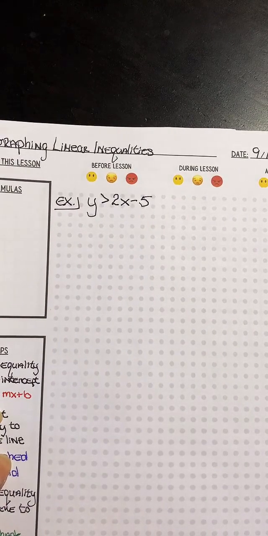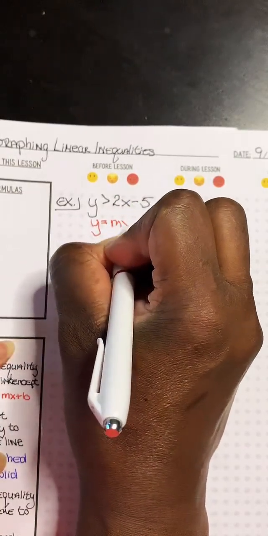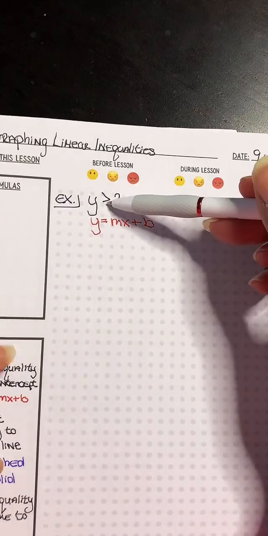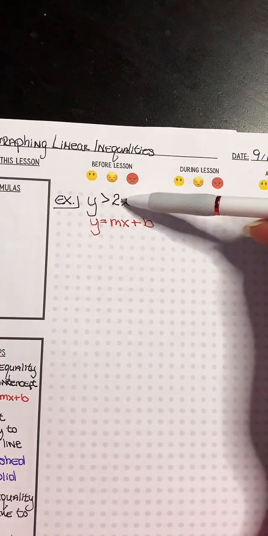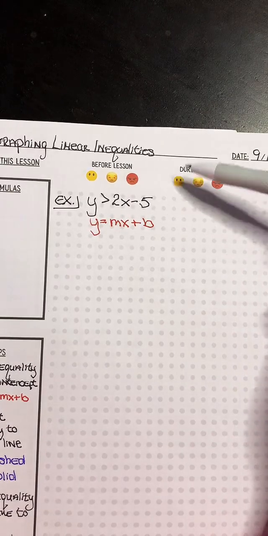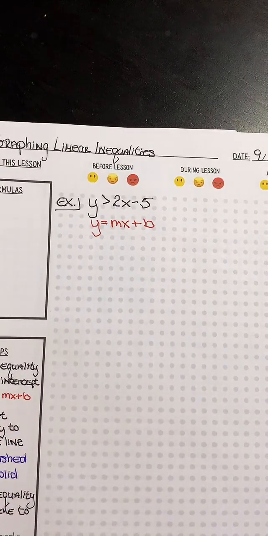So, first thing I need to know is this, if I put y equals mx plus b underneath it, is our inequality, not even worried about the inequality sign, but is this in slope-intercept form? Is y by itself on one side of the inequality?